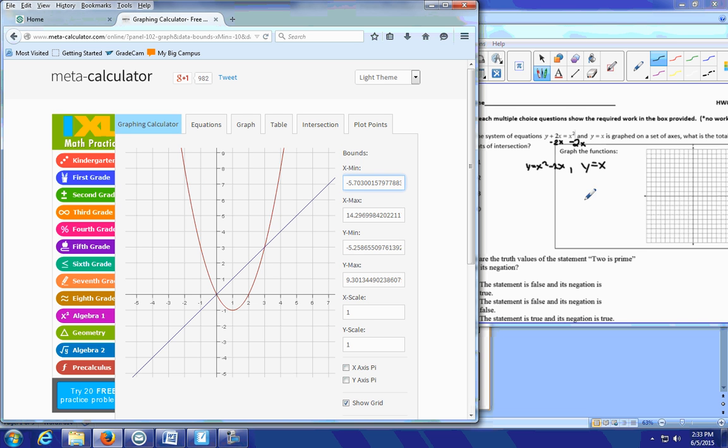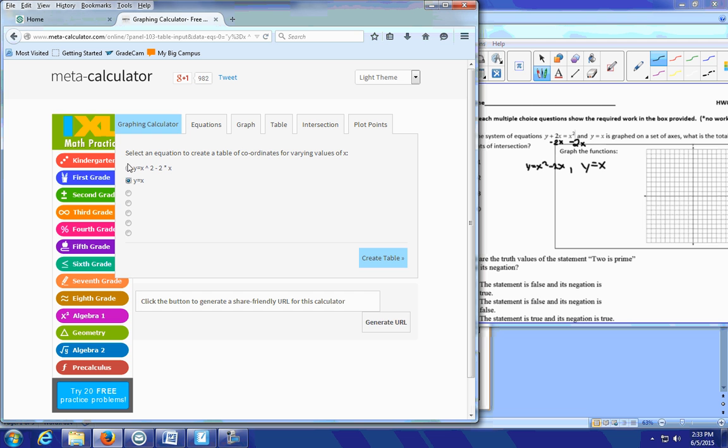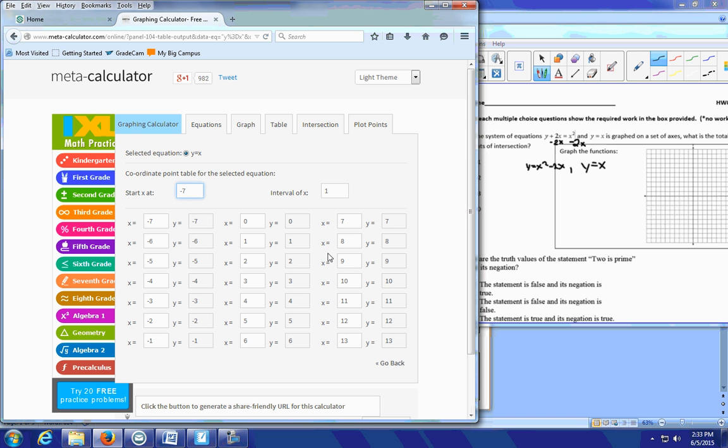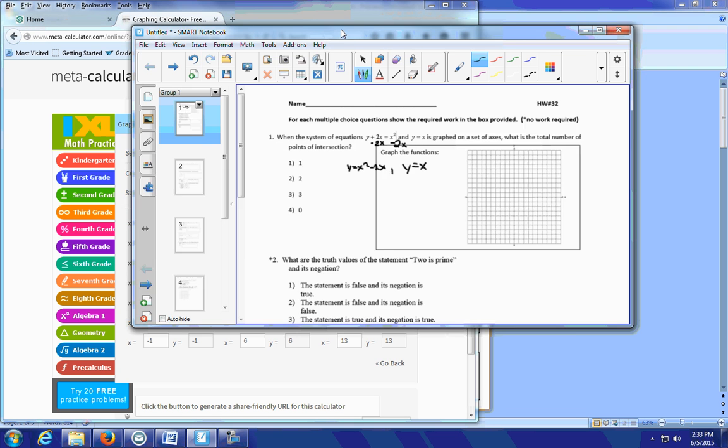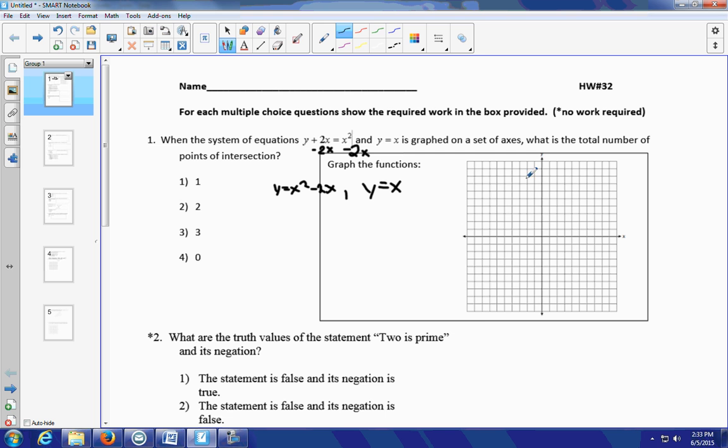And I want to graph this on my graph over here, so I need some points that I can graph. Let's do the line first because it's the easy one. If I go to table, it asks me which one I want the table of. Let's do y equals x. I get a table, and realistically I just need to pick 2 points. So I can do 0, 0. On my graph over here, I'm going to graph the point 0, 0.